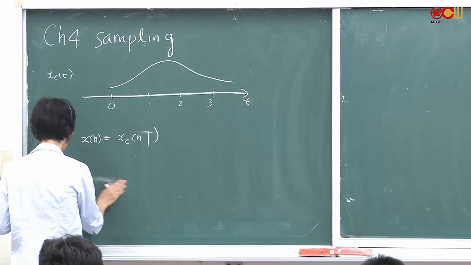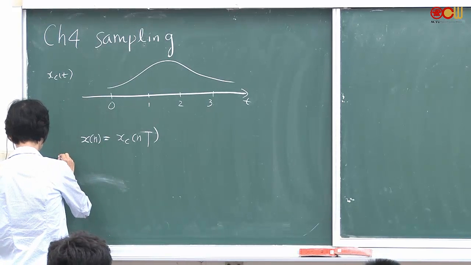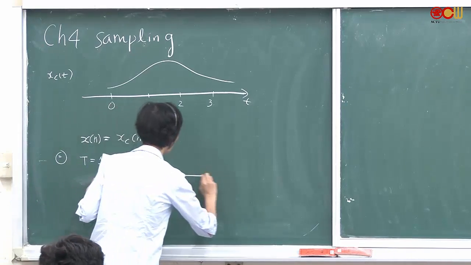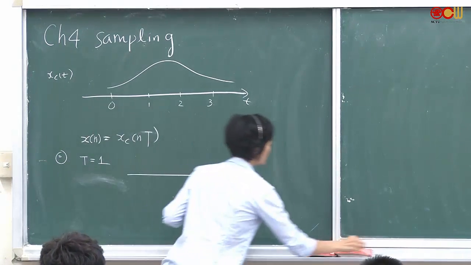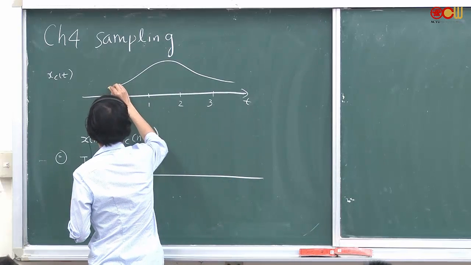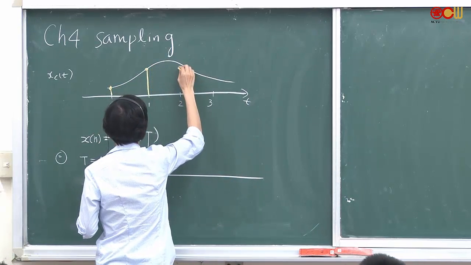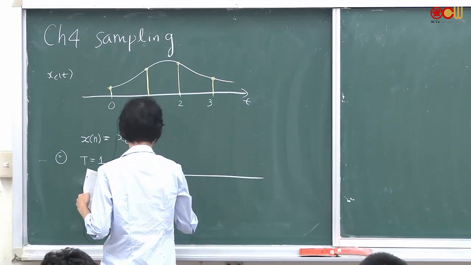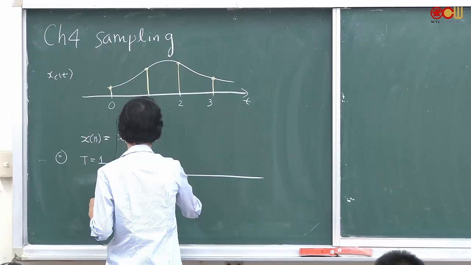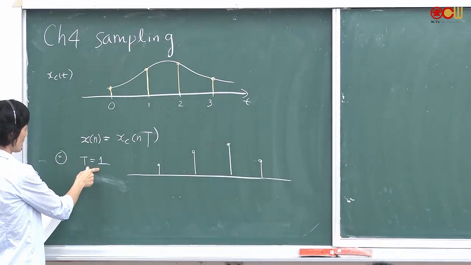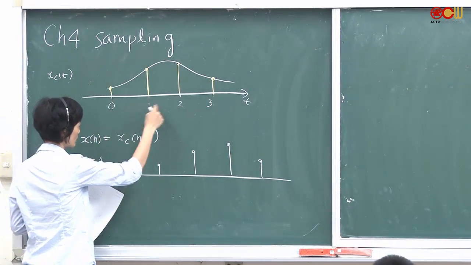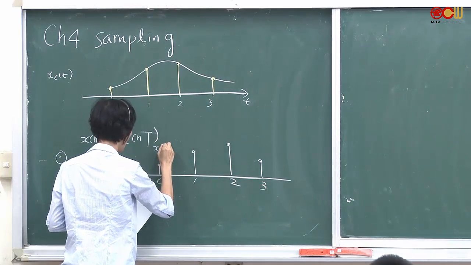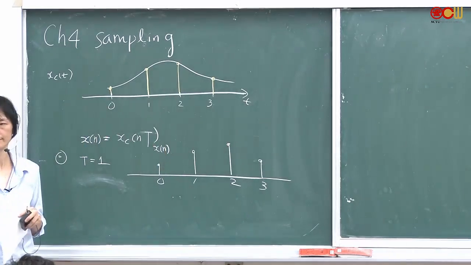For example, T is equal to 1, then this x[n] we will just get 1 sample, 2 sample, 3 sample, and like this, okay? So this will be the samples that we get. If T is equal to 1, then we take samples from 0, 1, 2, 3 like this. 0, 1, 2, 3, this is x[n], okay?